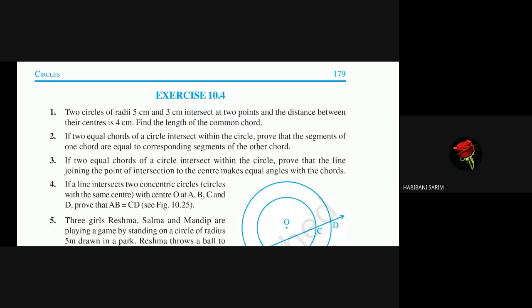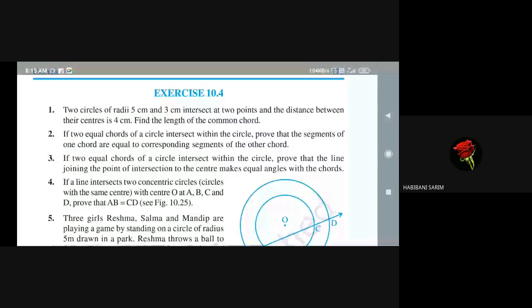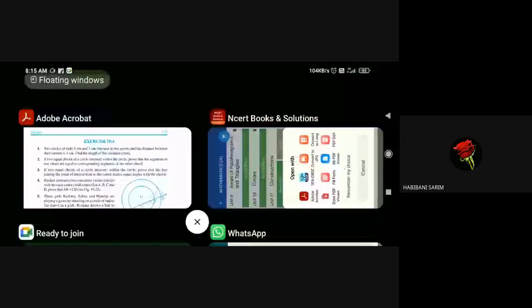The length of the common chord. Okay. Now, what is our question?